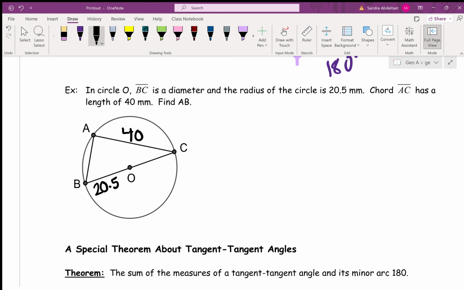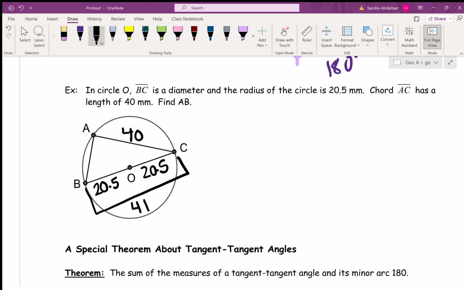Is there any other radii you see here, Oscar? O to C. So what does that mean for B to C? Yeah, 41. Right. Now, we want to find AB. There's one more thing before we find AB that we have to know.